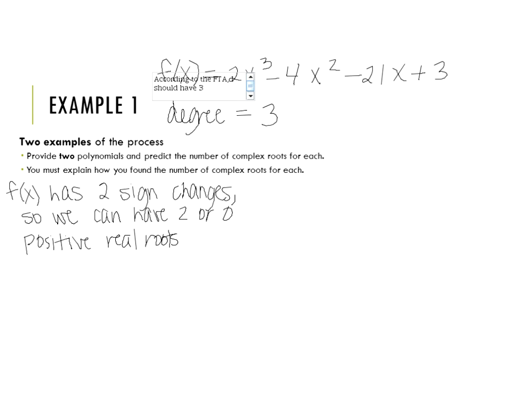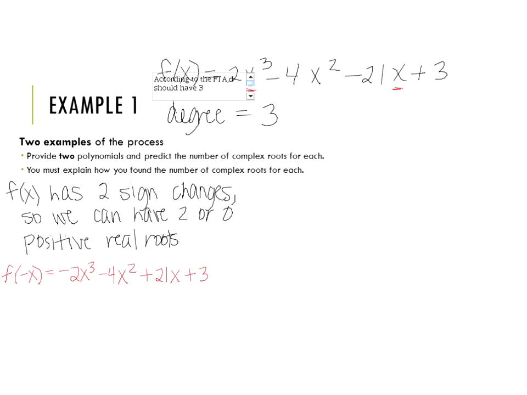Okay. Let's talk now about f of negative x. All right, so remember when we plug in the negative x, only the ones that have an odd degree are going to change signs, because the even degrees will stay the same sign. So f of negative x will be negative 2x to the third minus 4x squared plus 21x plus 3.